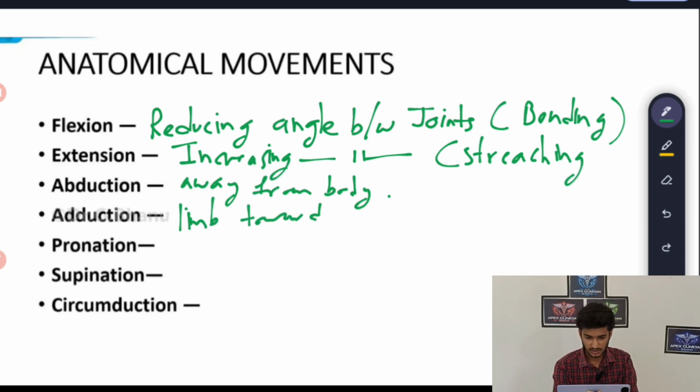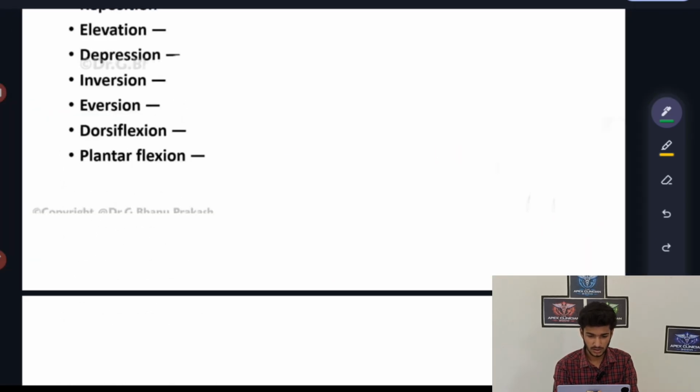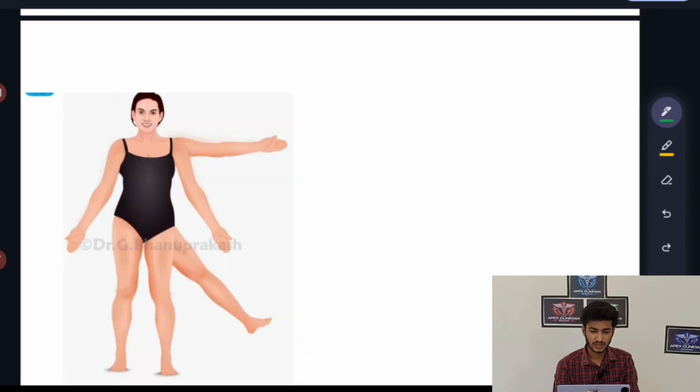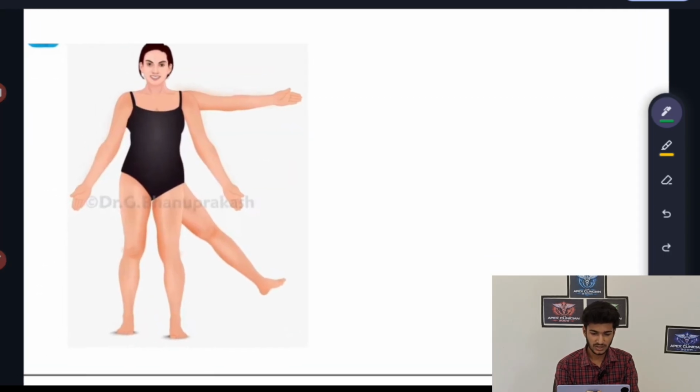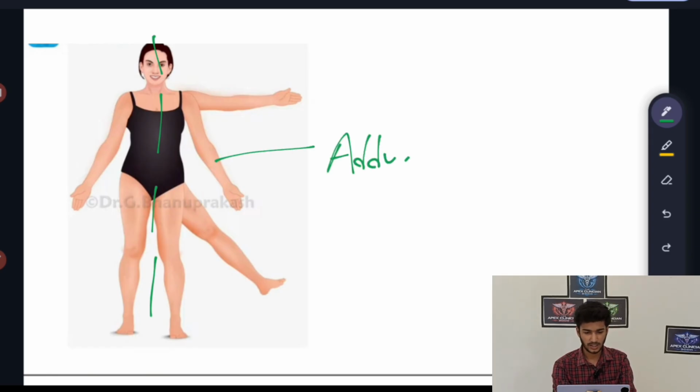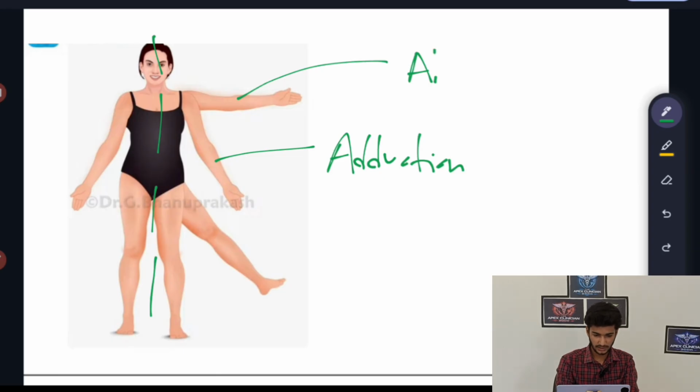This is adduction, where the limb is moving towards the midline of the body. And you can see abduction as well, whenever the limb is moving away from the midline of the body. This is the midline of the body. If the structure is moving away from the midline of the body, then this is called abduction.